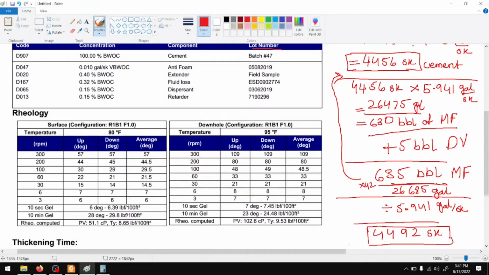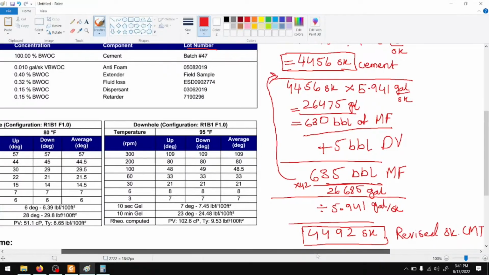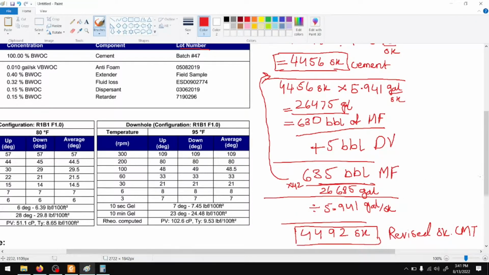So we will call this our revised sacks of cement. Now, this is the number we're going to use in all of our calculations, so we need to keep this in mind.